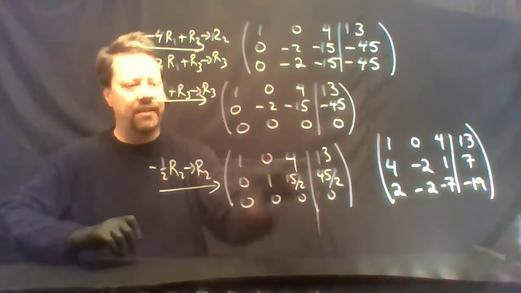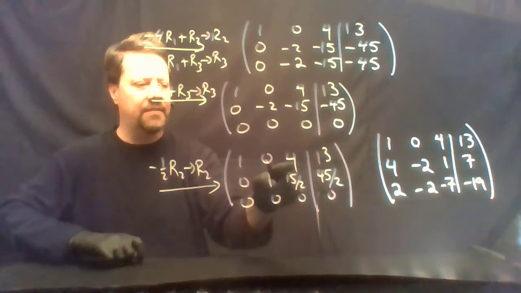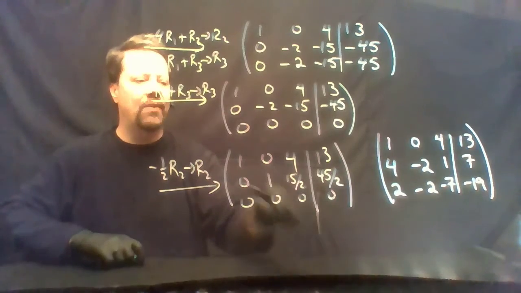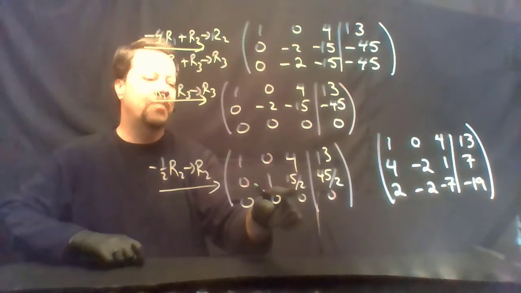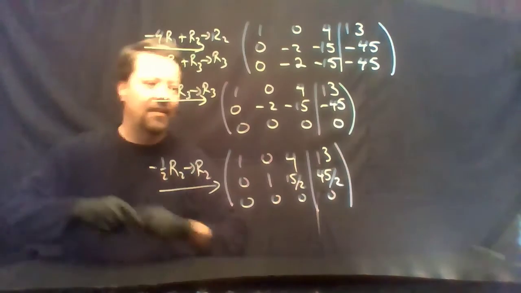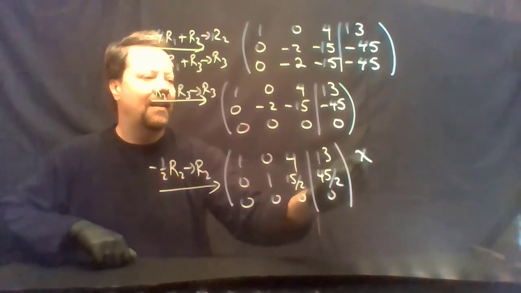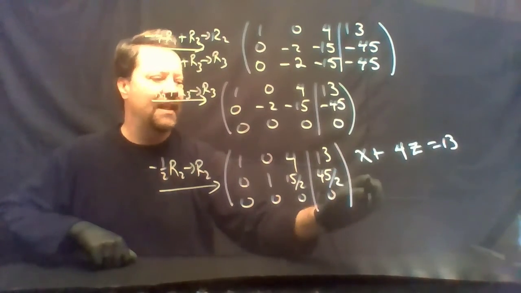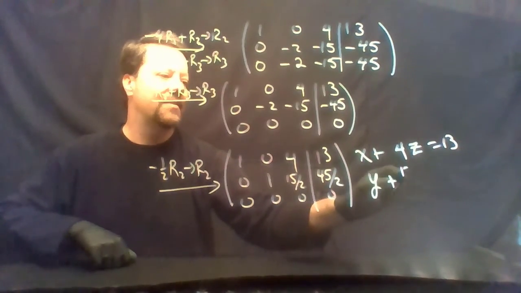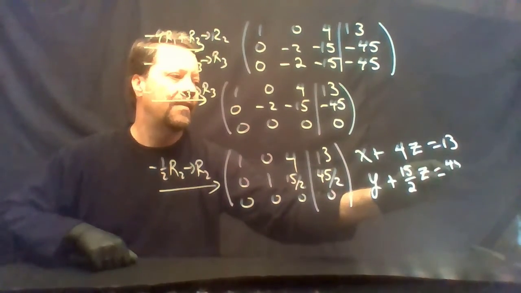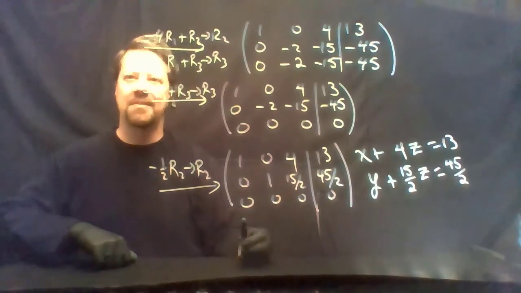This is equivalent to the equation x plus 4z equals 13. The second equation is y plus 15 halves z equals 45 halves. You can see x plus 4z equals 13, y plus 15 halves z equals 45 halves.